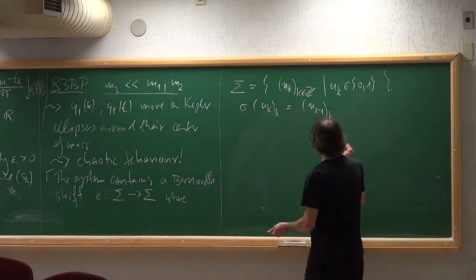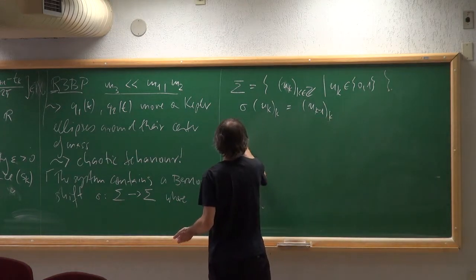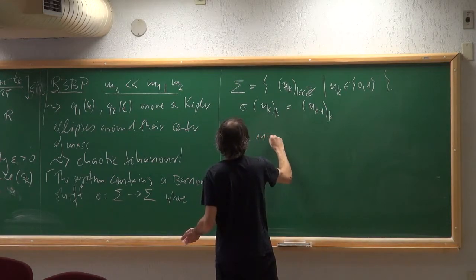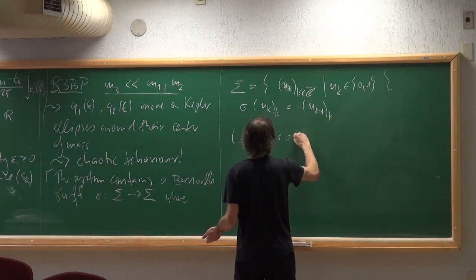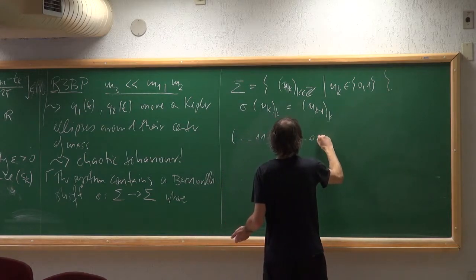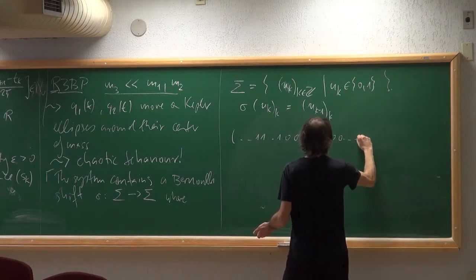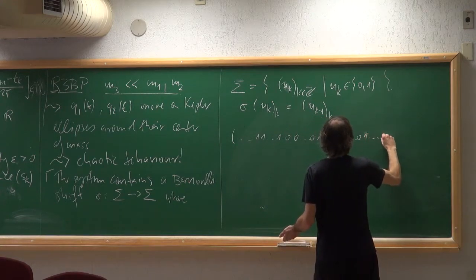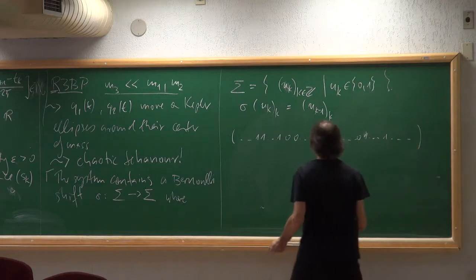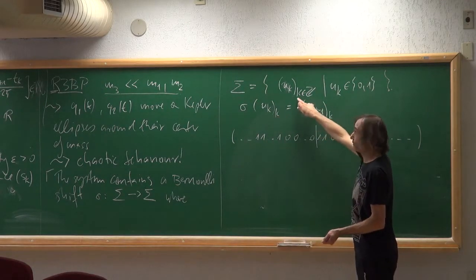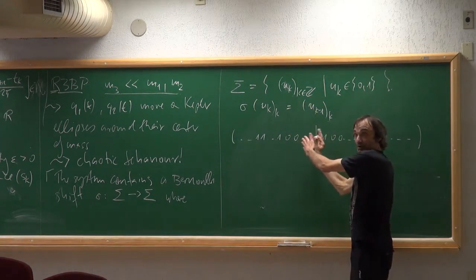A sequence consists of some ones, then some zeros, some ones, some zeros, ones again, and so on. Let's say this is at k equals 0, so we have an origin somewhere here.